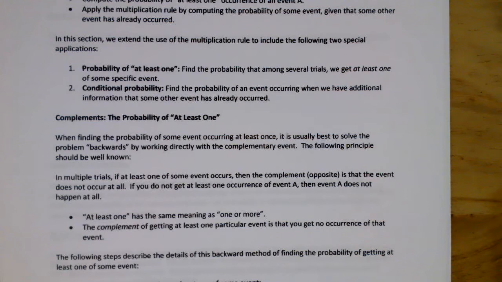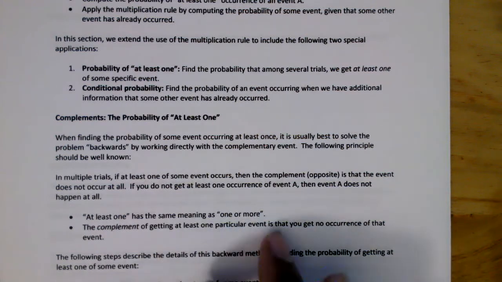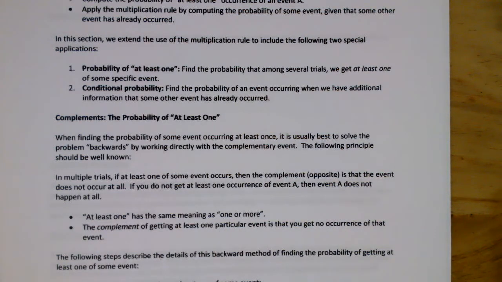So if you do not get at least one occurrence of event A, then event A does not happen at all. Okay, so at least one has the same meaning as one or more, or in some cases as an inequality greater than or equal to one. And the complement of getting at least one particular event is that you get no occurrence of that event.